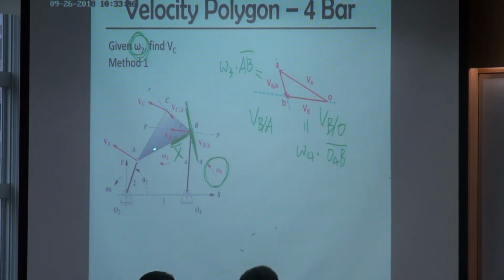So I just measure the length of AB, and I divide this VBA by length AB. I can get omega 3. So by drawing this triangle, we can already find VB, VBA, and also omega 4 and omega 3. Any questions so far?